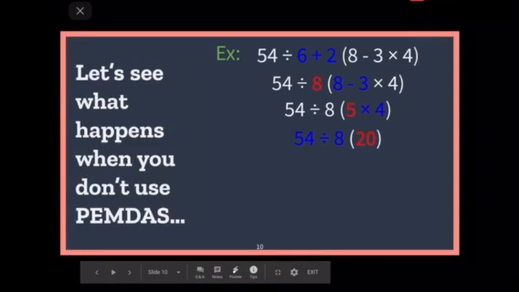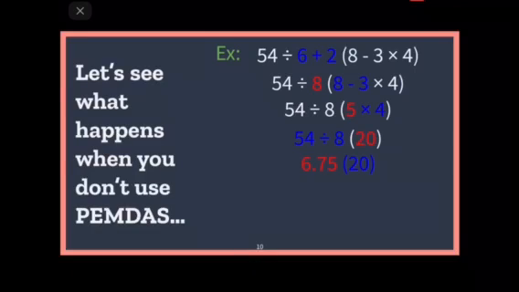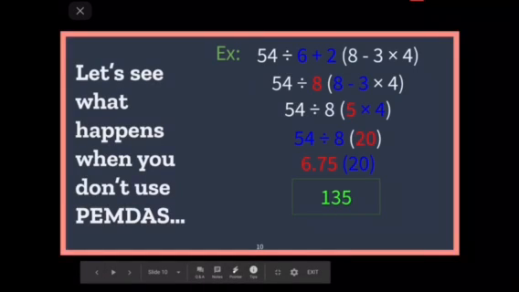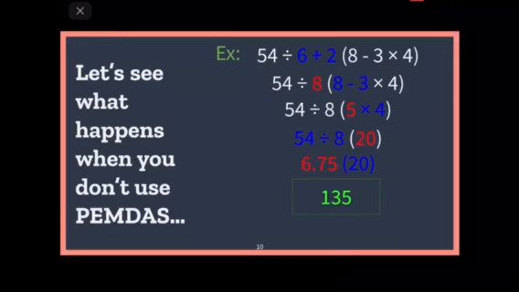And then we'll do 54 divided by 8, which is 6.75. Last, we'll do 6.75 times 20, which is 135. Now we did this problem without any order, without using PEMDAS. Now try to remember this answer we got.